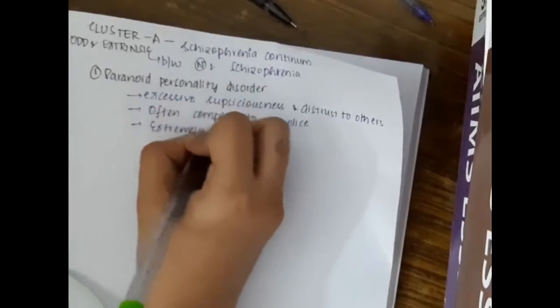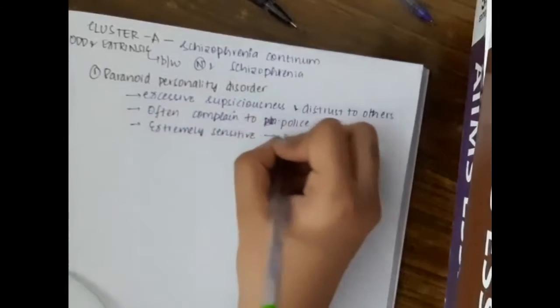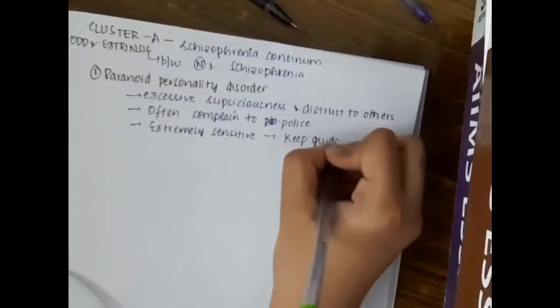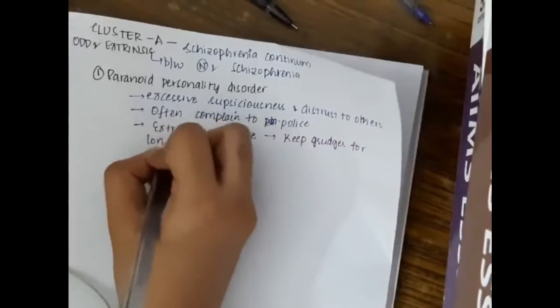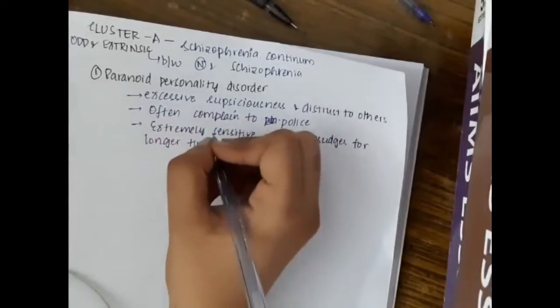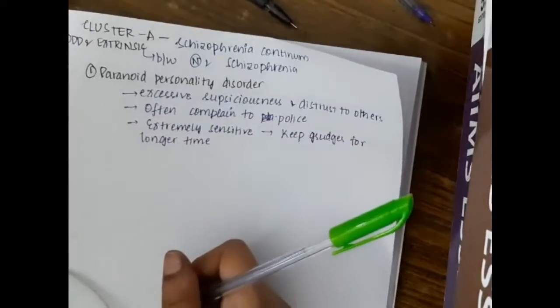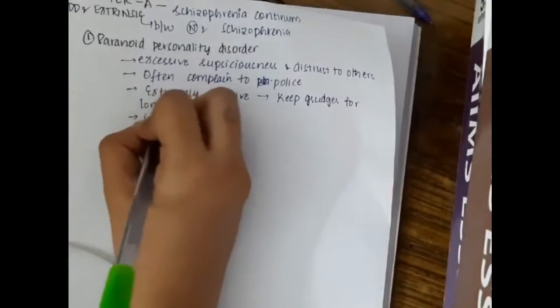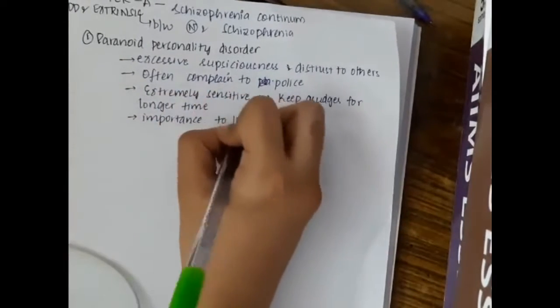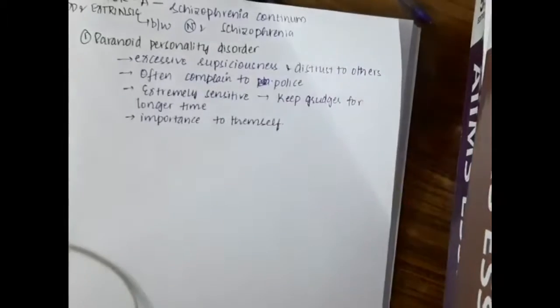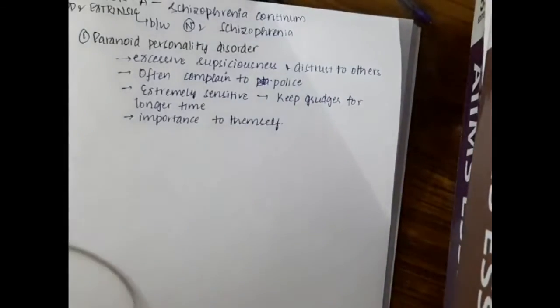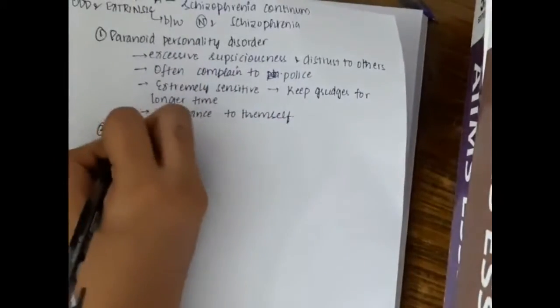He starts to complain to higher authorities. He is extremely sensitive and keeps grudges for a long period of time. He gives lots of importance to himself. That is paranoid personality.